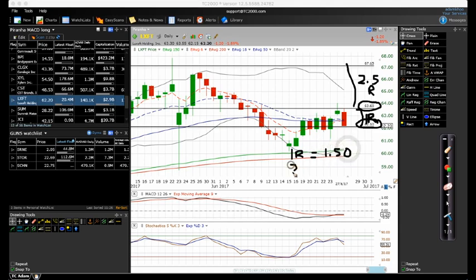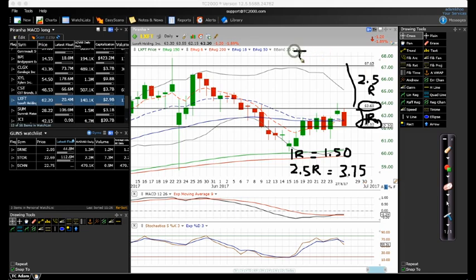So 2.5R would be 3.75. Okay, so my target price would be 3.75 plus 63.60. That's 67.35.